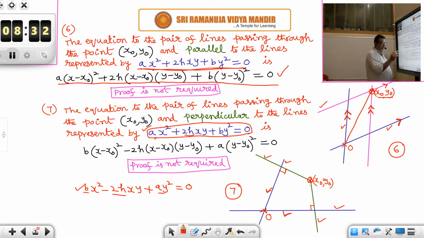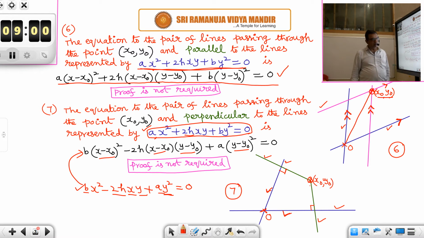So in this new equation, replace x by x minus x0 and y by y minus y0. You get the answer to this question. In place of x, x minus x0. Here also, in place of y, y minus y0. Here and also here. That's all.